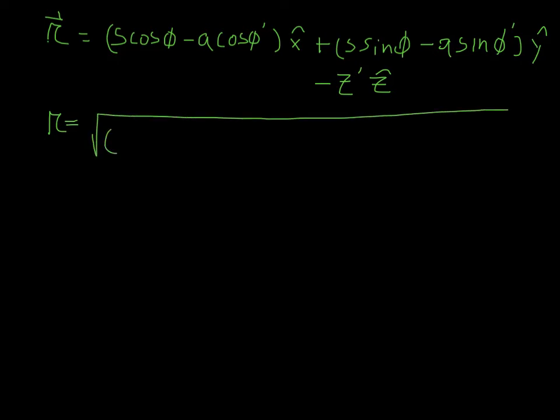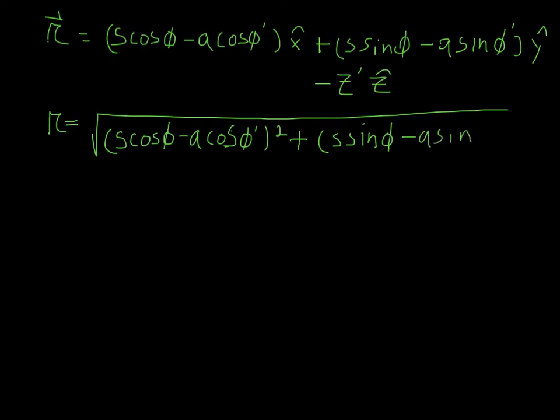It's going to be S cos phi minus A cos phi prime, squared, plus S sine phi minus A sine phi prime, squared. Oh, we're running out of radical. Plus, that's still under the radical, what's going to be down here? Of course, it's just my little z prime component, plus z prime squared.